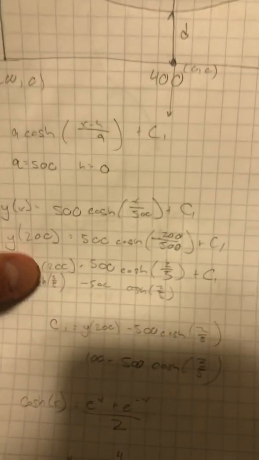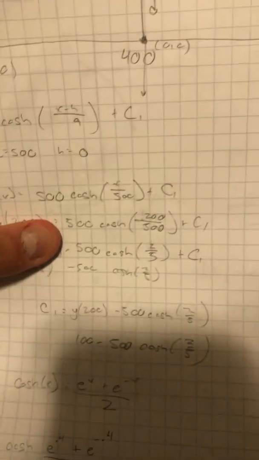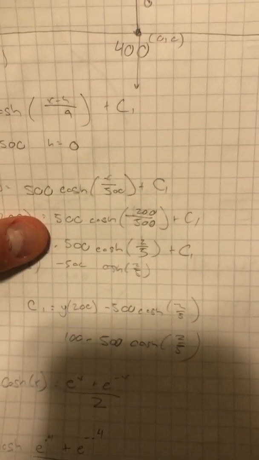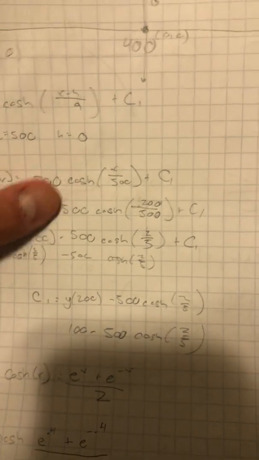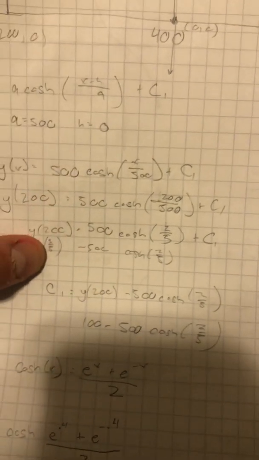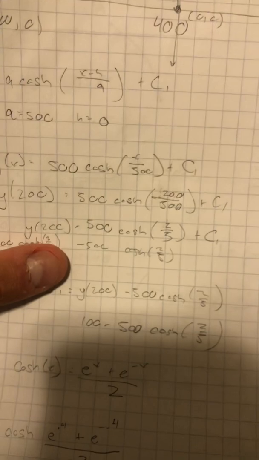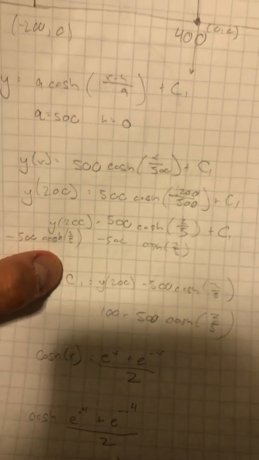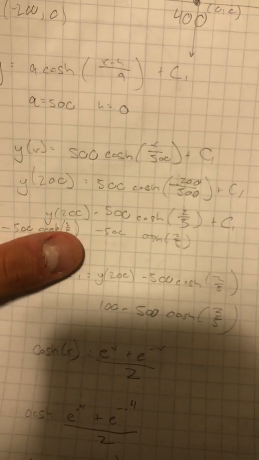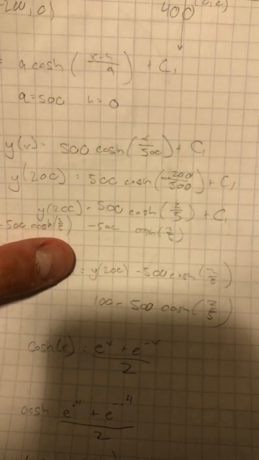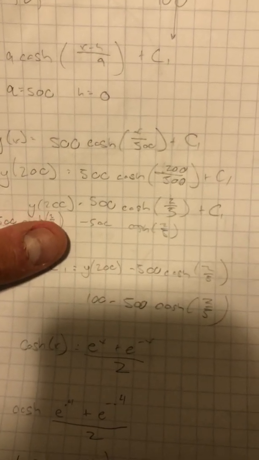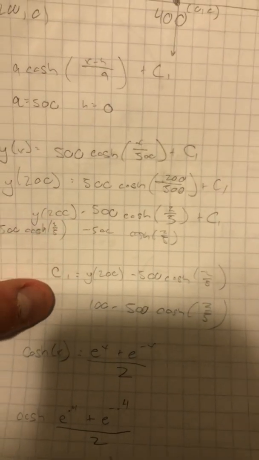So y of 200 is just going to be 100. So y of 200 is equal to 500 cosh of 200 over 500, putting 200 in for x, plus some constant c. And what that leaves us with is y of 200 is equal to 500 cosh of 2 over 5, plus c, because 200 divided by 500 simplifies to 2 over 5.